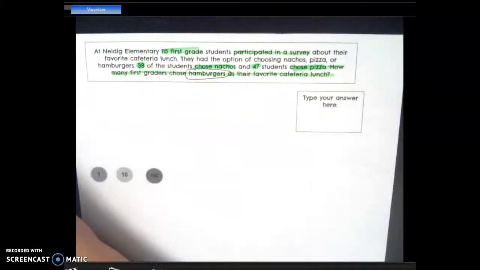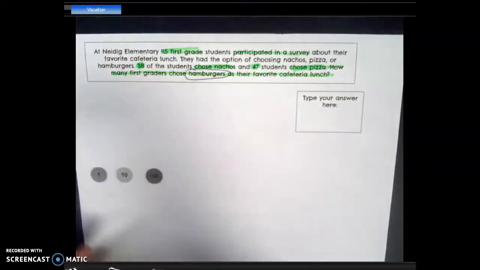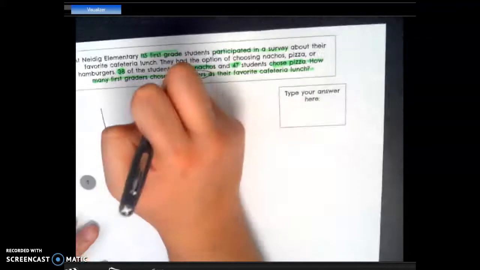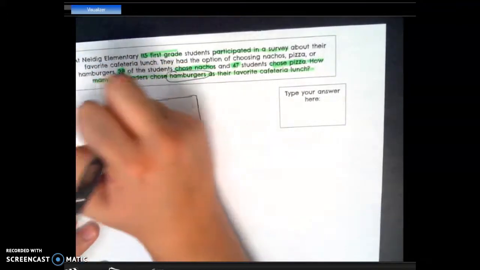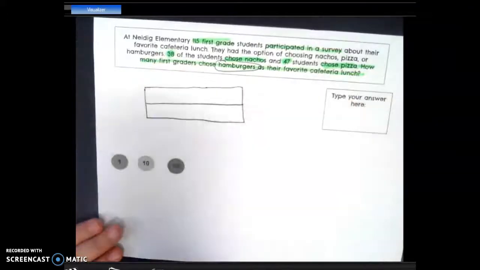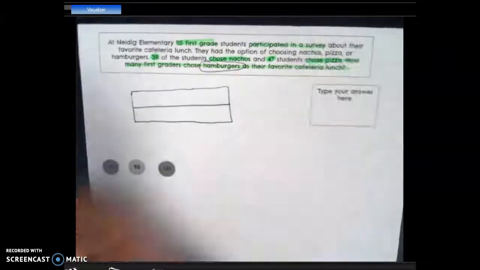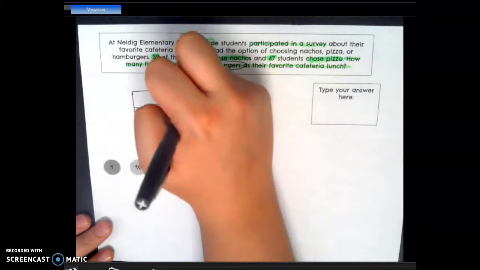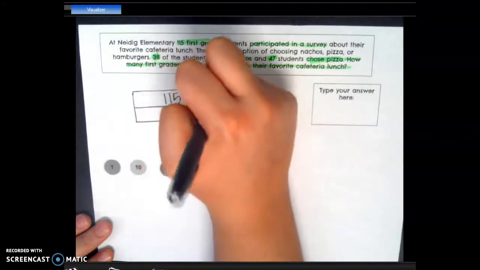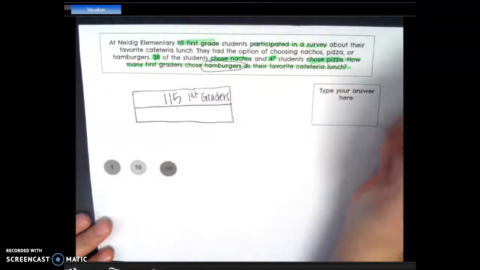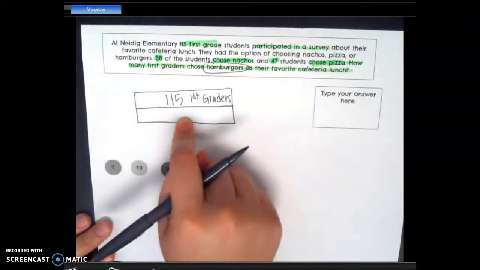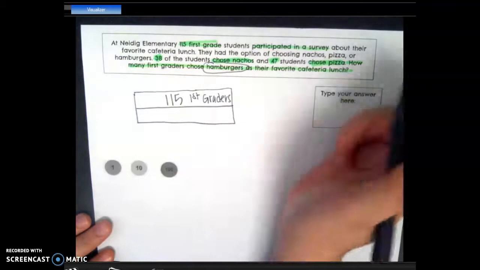Well, let's create a strip diagram. Remember, what did I say our total was? 115 first graders. You're going to have three different parts in your strip diagram today.